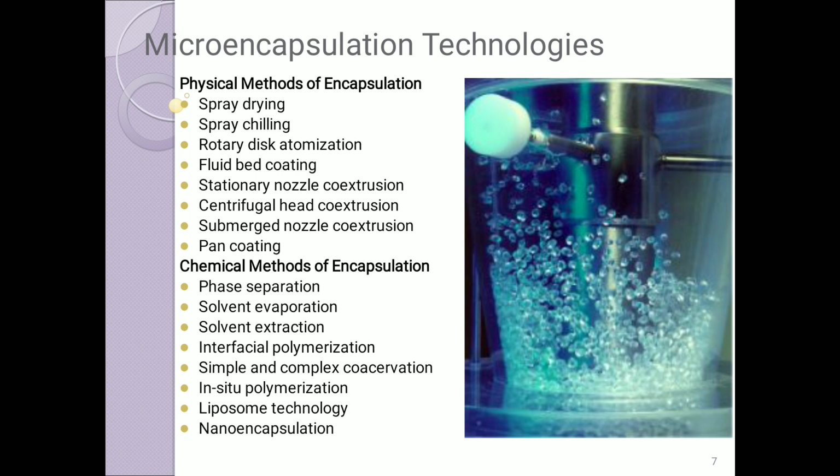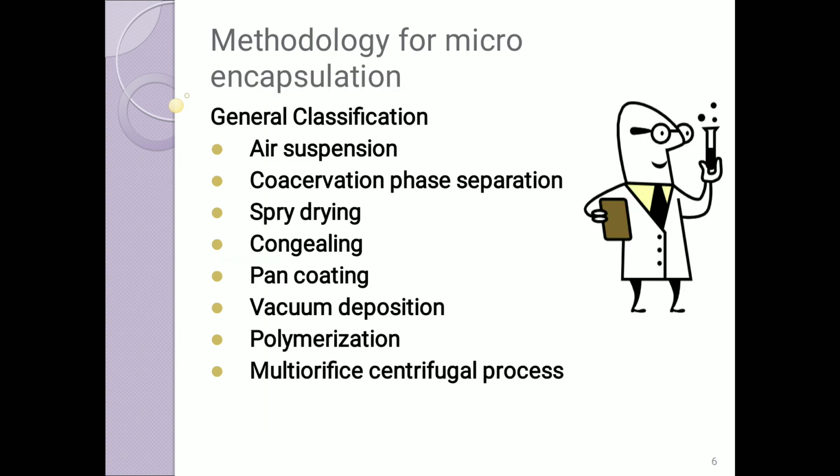In the case of chemical methods of encapsulation, it is again divided into different types: phase separation, solvent evaporation, solvent extraction, interfacial polymerization, simple and complex coacervation, in situ polymerization, liposome technology, and nano encapsulation.